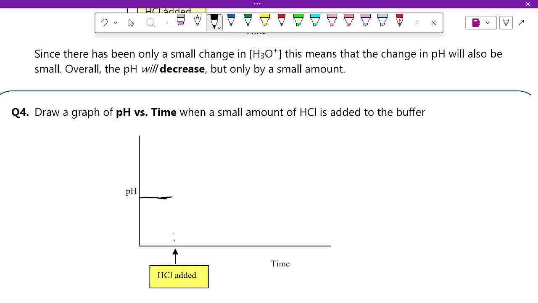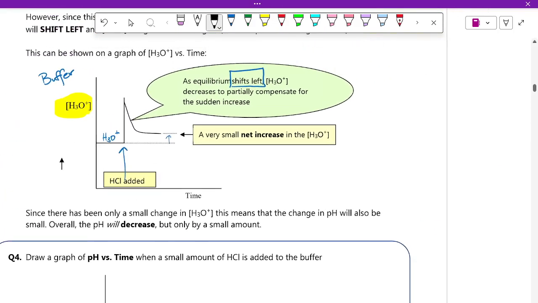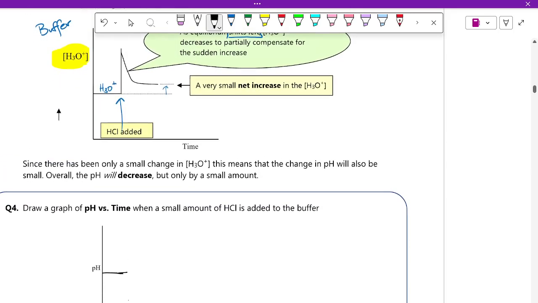Well, you're going to start off somewhere, and then what's going to happen to the pH when you add the HCl? It's going down. So remember, if hydrogen ion concentration goes up, then pH must go down.